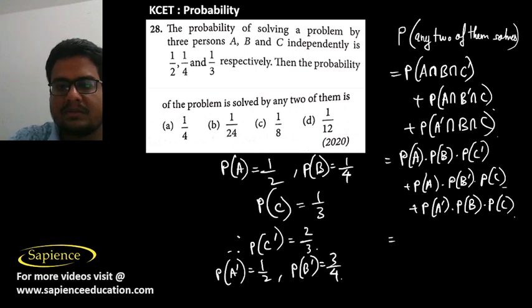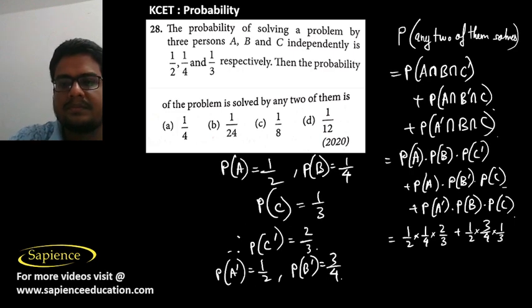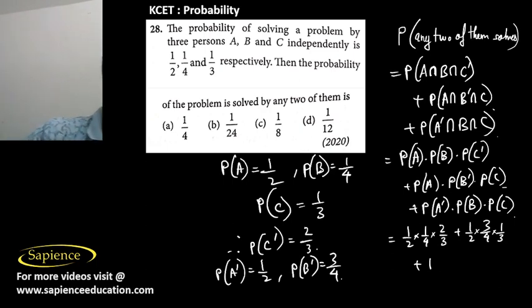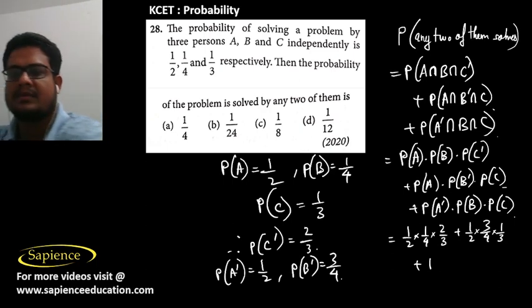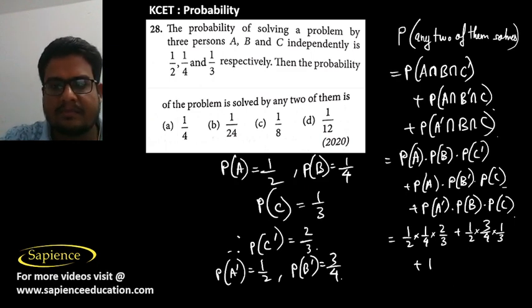P of A, that is 1 by 2, into 1 by 4 into 2 by 3, plus 1 by 2 into P of B complement, that is 3 by 4, into P of C, that is 1 by 3, plus P of A complement, that is 1 by 2, P of B is 1 by 4, and P of C, that is 1 by 3.